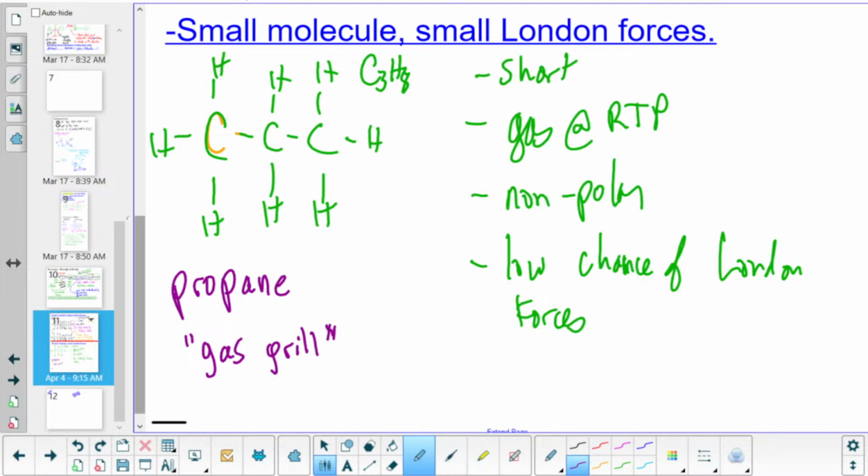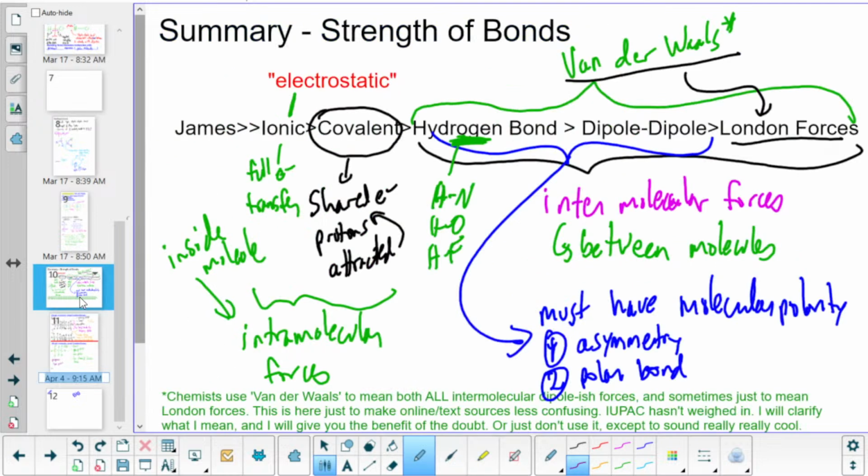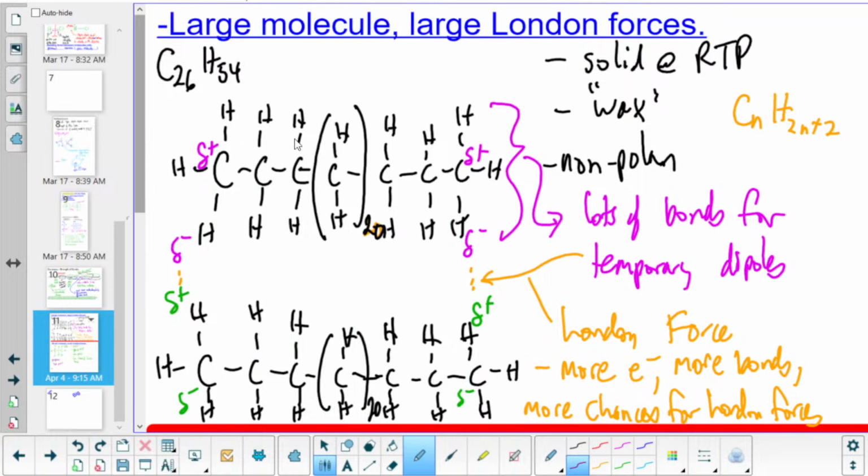For London forces, you said electrons are moving around, but don't electrons exist everywhere? Yes, but they don't exist everywhere in unlimited amounts. This molecule has more electrons.